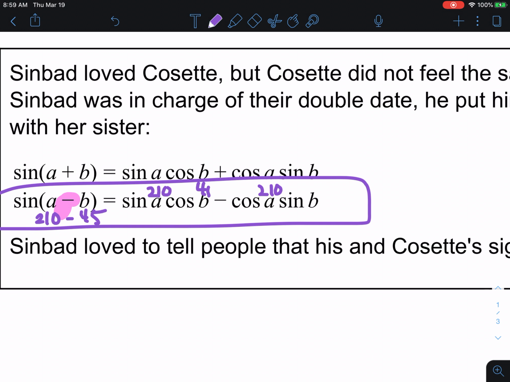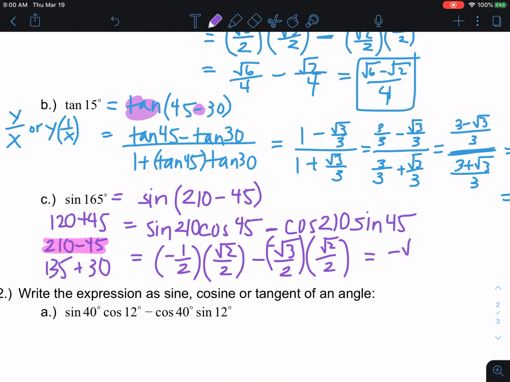And sine of 45 is root 2 over 2. So multiplying, we have negative 1 times root 2, that's going to be negative root 2. And 2 times 2 is 4. These two negatives here are going to turn this into a positive. So we have plus root 6 over 4.